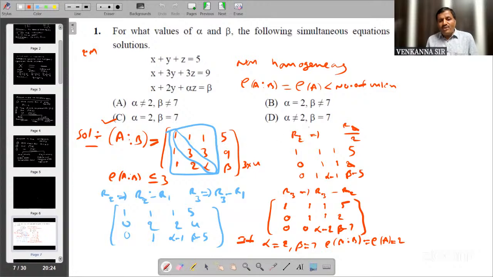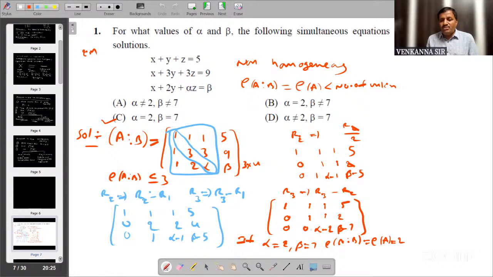For what values of alpha and beta does it contain the unique solution? The unique solution is for alpha not equal to 2. If alpha not equal to 2, rank of A is 3, and beta can be any value. No need of beta. Obviously rank of augmented also becomes 3.